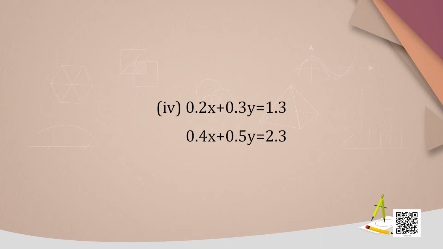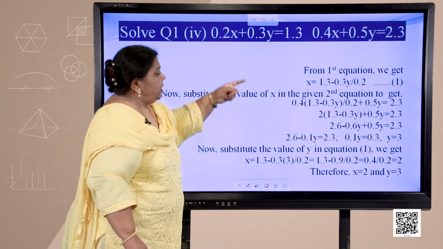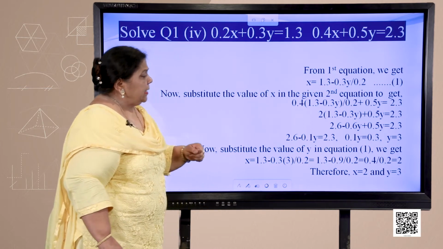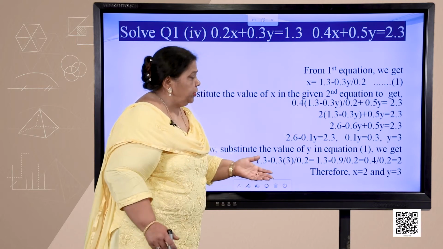0.2x plus 0.3y is equal to 1.3 and 0.4x plus 0.5y is equal to 2.3. We will solve using the substitution method. In this case, we are taking the value of x as (1.3 minus 0.3y) divided by 0.2.